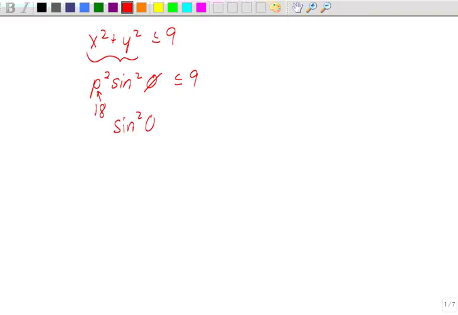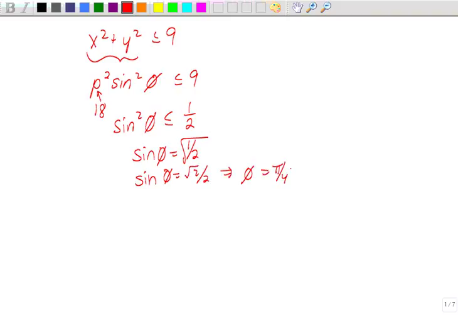So sine squared phi has to be less than or equal to 9/18, which is a half. So if you solve that, sine phi equals, let's say, square root of a half. So phi is pi over 4.